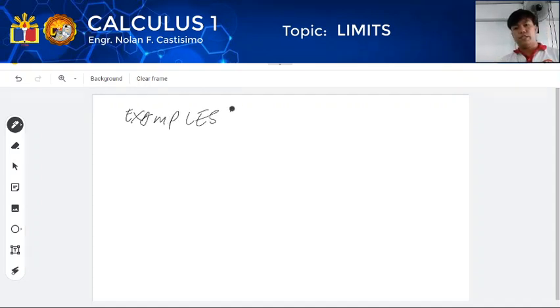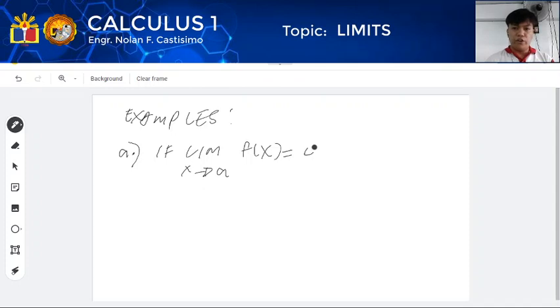Examples. Letter A. If the limit of f of x as x approaches a is equivalent to 4, then, anong susunod na step? Di ba? F of x is equivalent to 4.